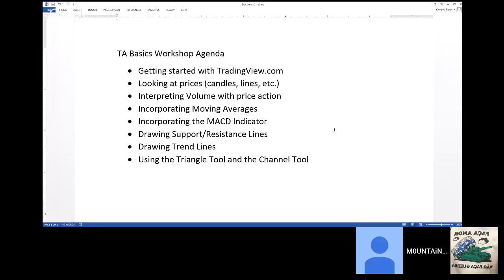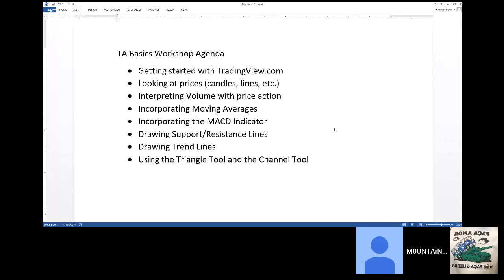And then I want to take a look at how to interpret some of the price information you're looking at, and how to switch between candles and lines and bars and some of the other types of price indicators that you have. We'll look at volume and how you can compare that with the price action that you're seeing, because I think you can get a lot from the type of volume information that you're getting.